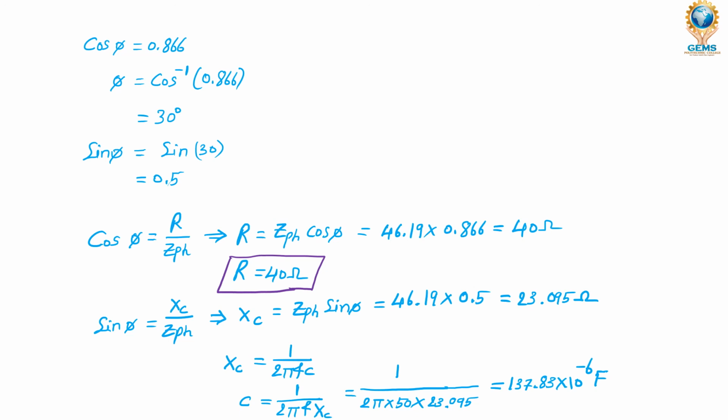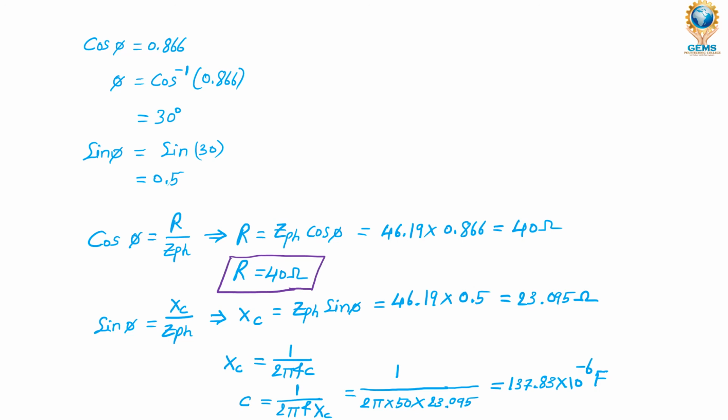Just I will review this. First we have calculated power. From that power we have calculated the current. Current is IL, we got 5 amperes. After that we have calculated the phase voltage. Next we have calculated phase impedance. After that we have calculated the angle phi. From that phi we have calculated sin phi.